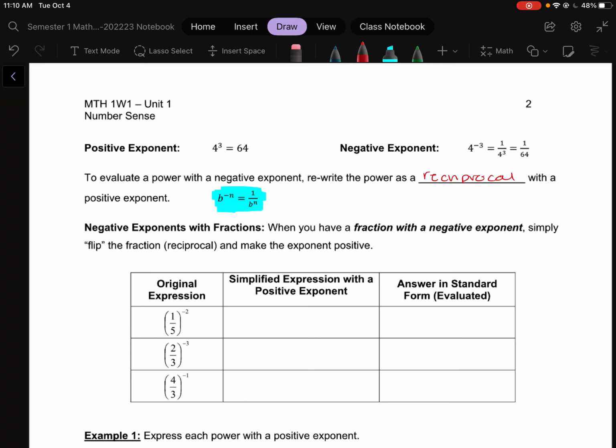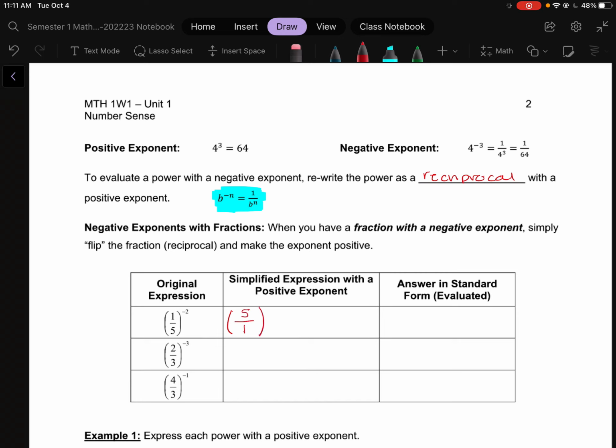So now let's look at negative exponents with fractions. So when you have a fraction with a negative exponent, we're going to just flip the fraction. So we make it a reciprocal and then make the exponent positive. So here we have 1/5, always have our fractions in brackets, to the power of -2. So what we're going to do, keep it in brackets, we're going to have 5/1.